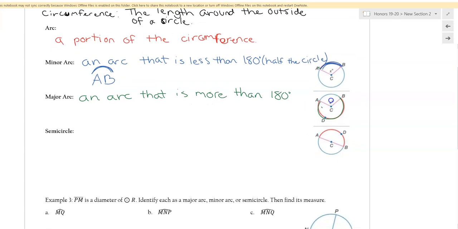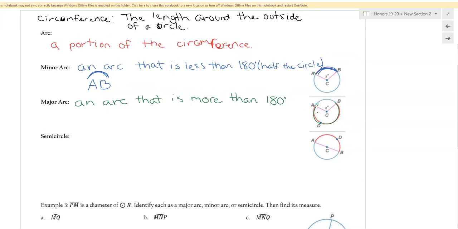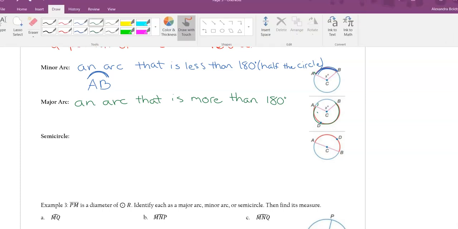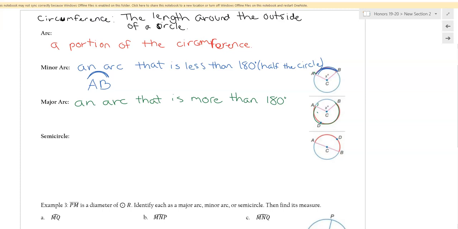And I don't want to go around the shortest path, I want to go around this longer path. So how we tell it to take the longer path is, I am going from A to B, but I want to make sure I hit that D on the way. Okay, so it's A to D to B. So your major arcs always need 3 letters. Your minor arcs only need 2. Okay, because I'll always take the shortest path between 2 points.